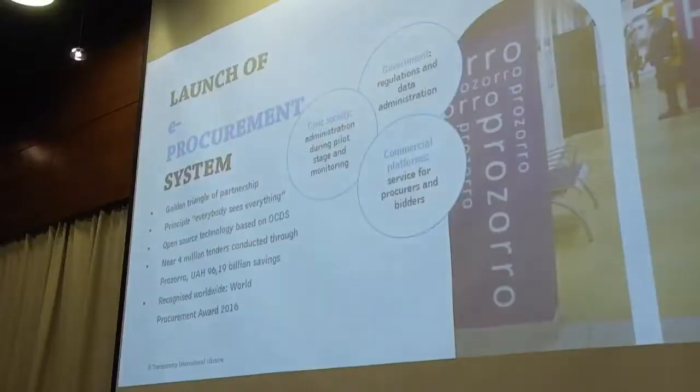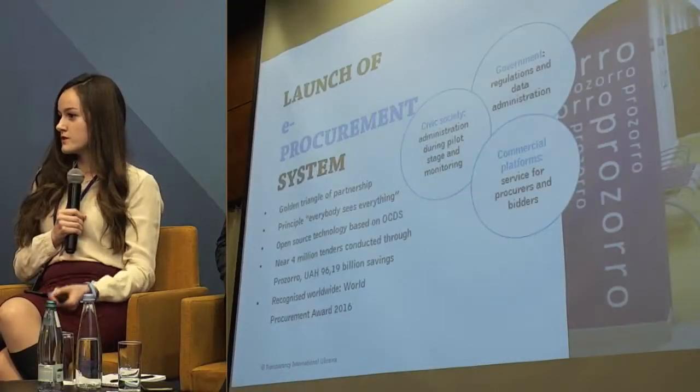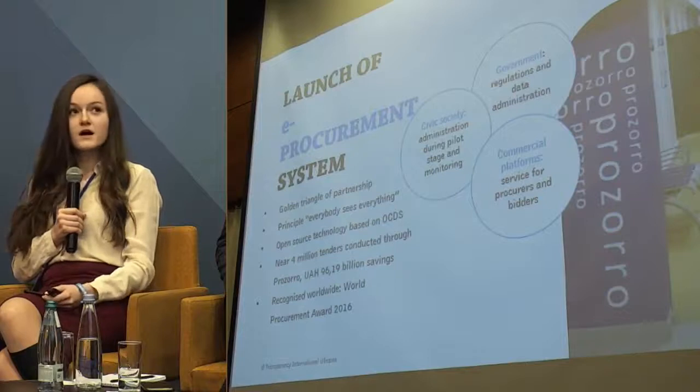So at the end of 2015, Ukraine had a strong electronic procurement system, a new law on public procurement, and, most importantly, new equal rules in this game.